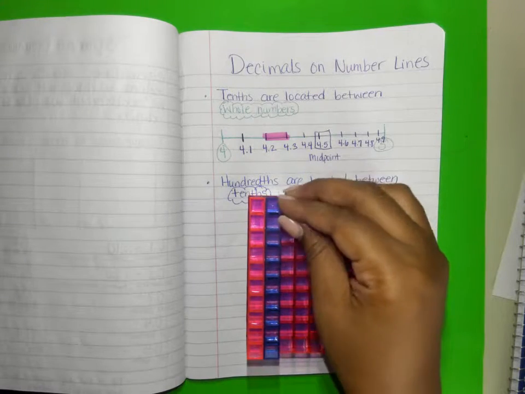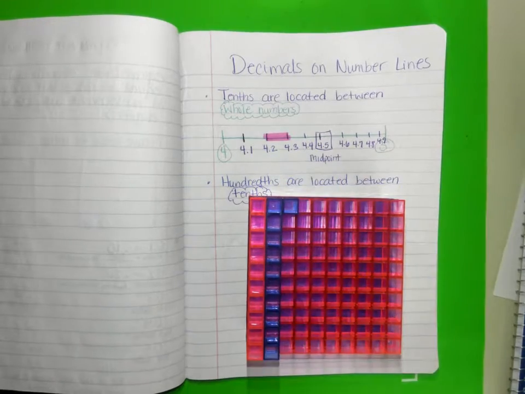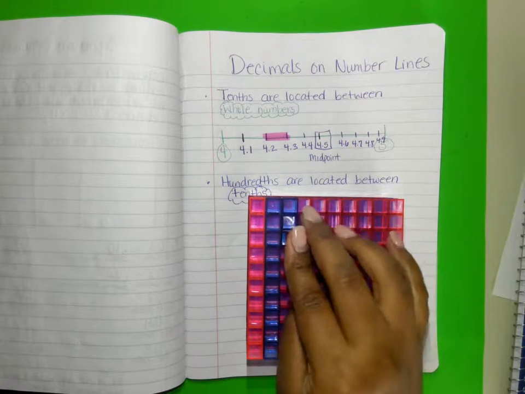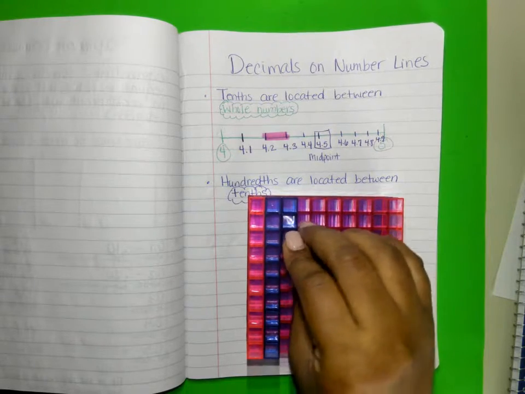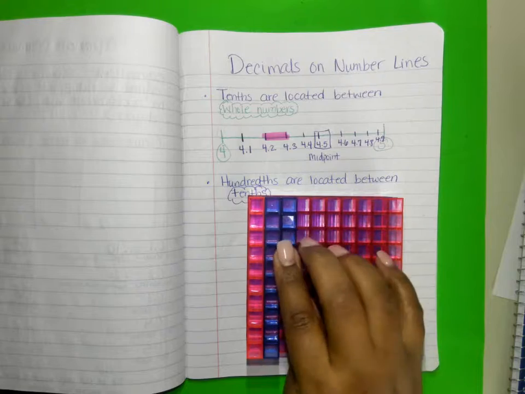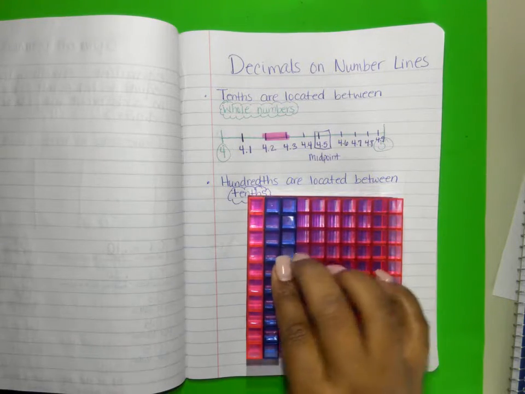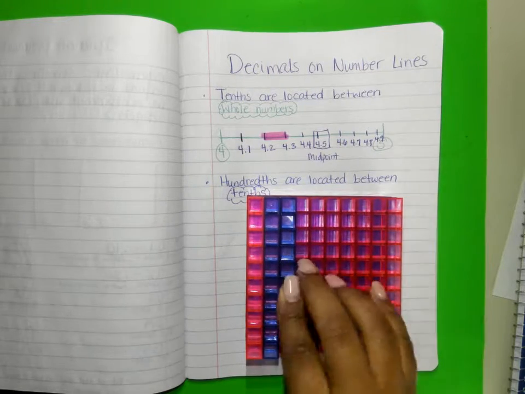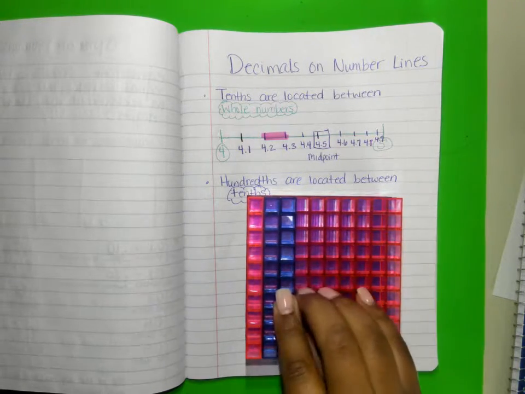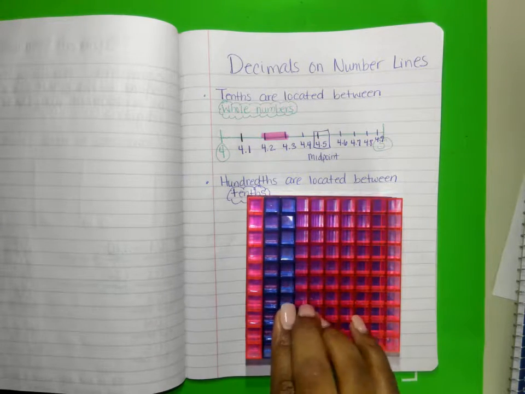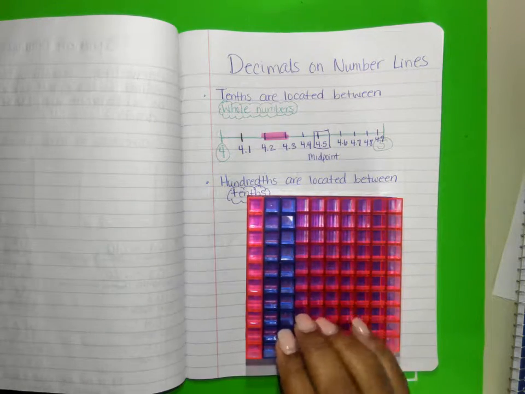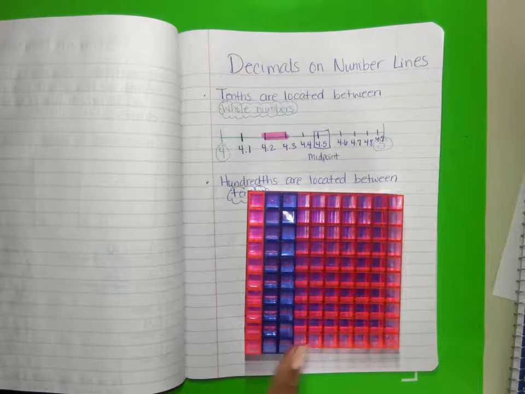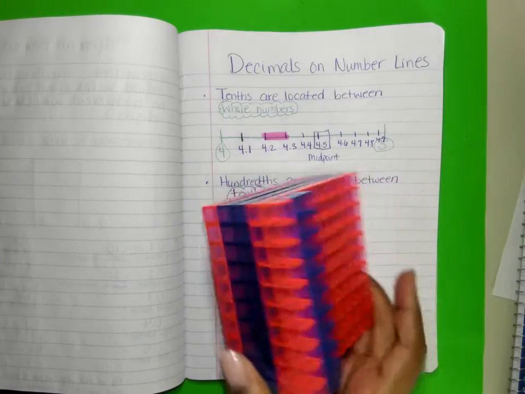Now I'm going to count: 4 and 21 hundredths, 4 and 22 hundredths, 4 and 23 hundredths, 4 and 24 hundredths, 4 and 25 hundredths, 4 and 26 hundredths, 4 and 27 hundredths, 4 and 28 hundredths, 4 and 29 hundredths, and 4 and 30 hundredths, which is the same as 4 and 3 tenths. So here is our visual model.